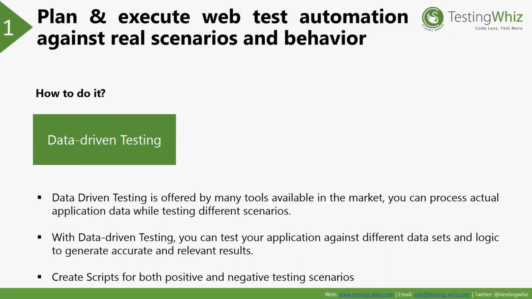But it's always easy to bring in slightly more user-oriented behavior by implementing actual data that your application is going to work with. So for example, if I'm implementing a test automation suite or strategy for, say, an e-commerce application or a financial application, then I would like to bring in actual data sets with real numbers and figures, user details, credit card details, etc. into play.